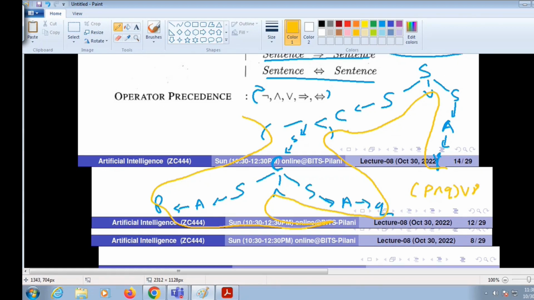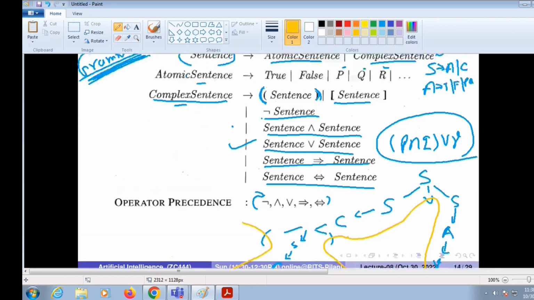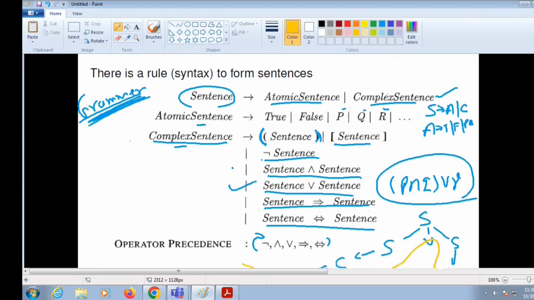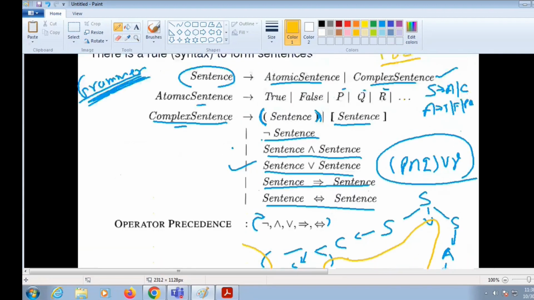If I can draw a tree using this grammar, and you may have studied this in the TOC course, your theory of computation course, this is how you can say that this is a well-formed formula, the correct formula.